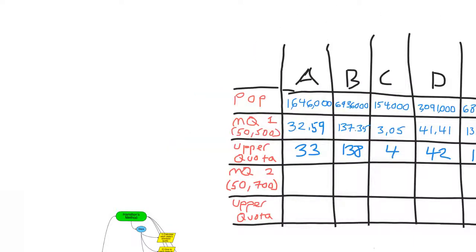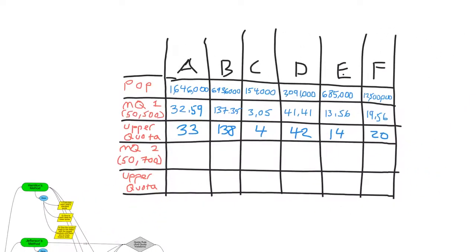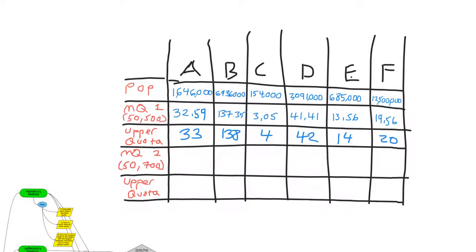And when we look at the chart, which is slightly revised, what we once again see is the top row has the population of each state. And immediately, I didn't mention the standard quota for each state, but we're immediately getting into the modified quota for each state.